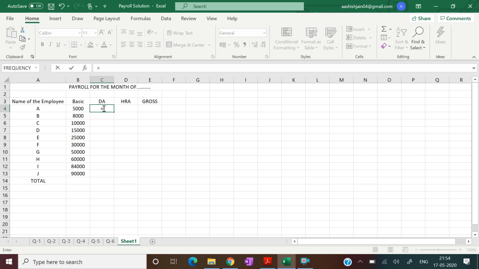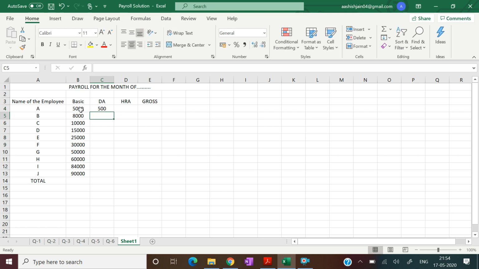So equal to min, bracket open, DA would be 10% of basic salary. The basic salary cell is B4, so 10% of B4, and the maximum amount should be rupees 5,400. Now bracket close and then press enter.